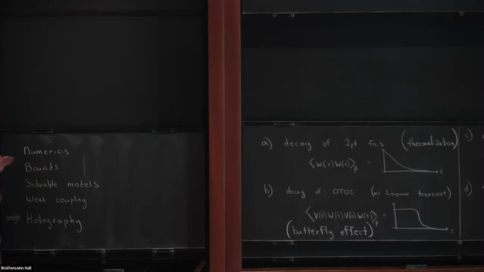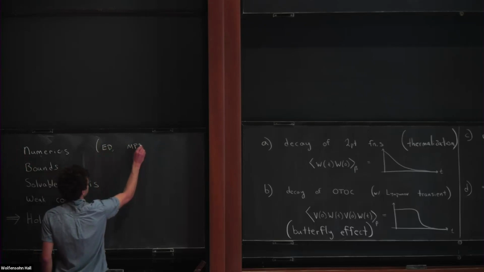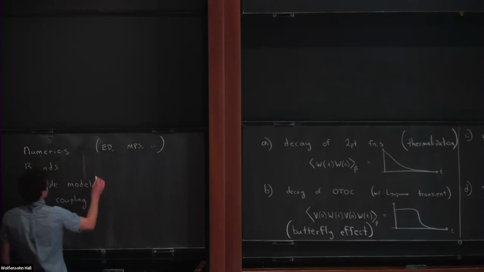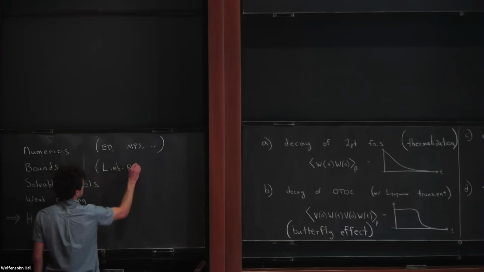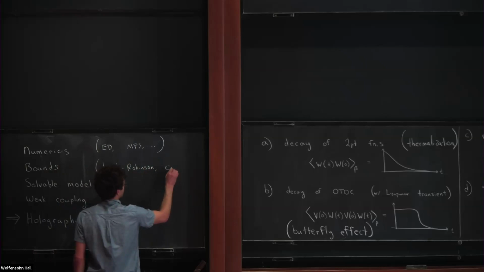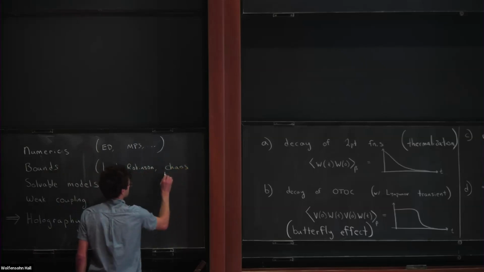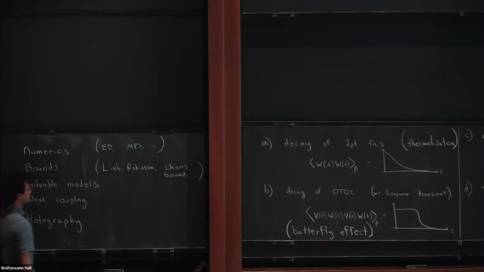Another thing that you can try to do is prove general bounds. For bounds, there are bounds like the Lieb-Robinson bound. There's this chaos bound. And you can hope to prove general bounds about these properties.